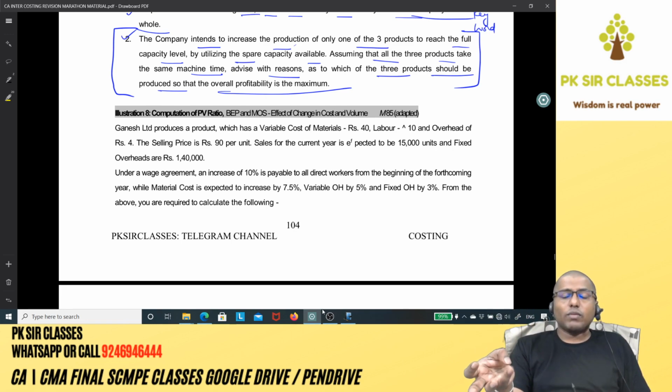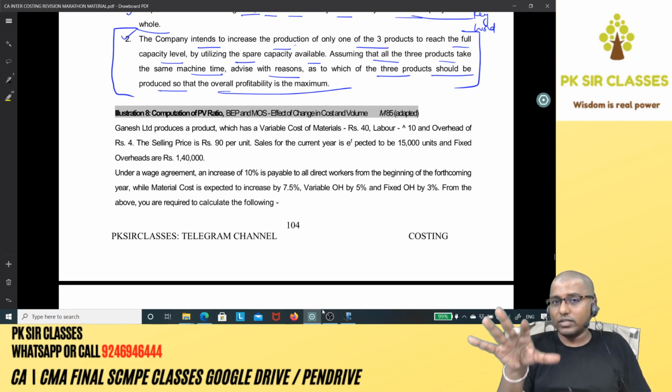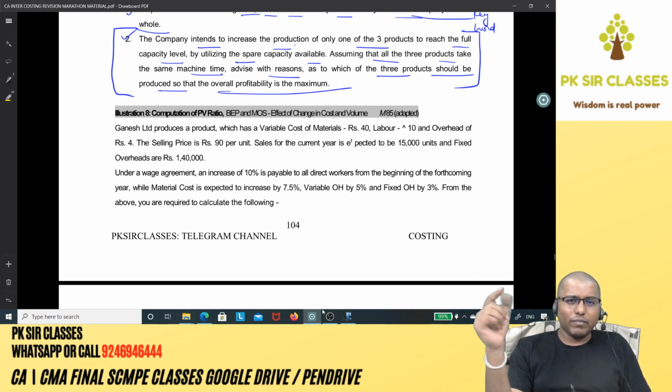We will not only cover marginal costing versus absorption costing, we'll also cover the concept of absorption. We'll also cover the concept of product cost and period cost. All these things will be covered. Normally, the concept of absorption should be covered in the overheads chapter, but we'll cover it here itself. In the overheads chapter, we'll directly go with the remaining concepts. There again, I'll not be repeating the concept of absorption. So the agenda for the next class is the balance problems.